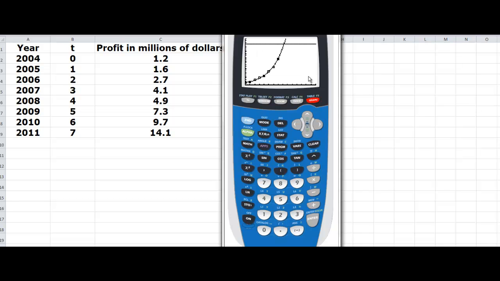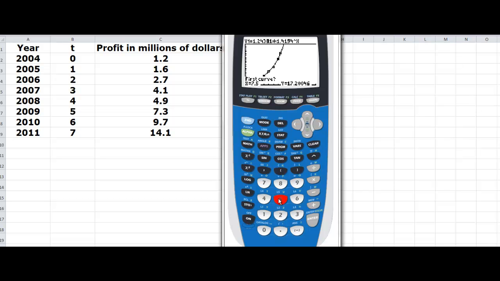If you look at the graph, we have to determine the x coordinate for this point, which will be t here, and of course round it to the nearest whole number. We can read it off from here, but let's use the intersect feature.